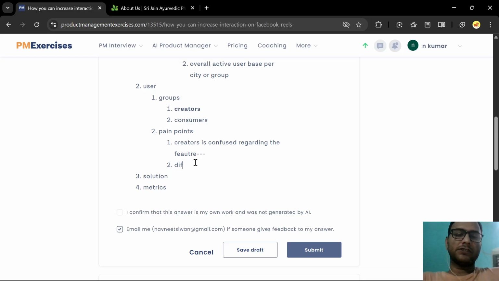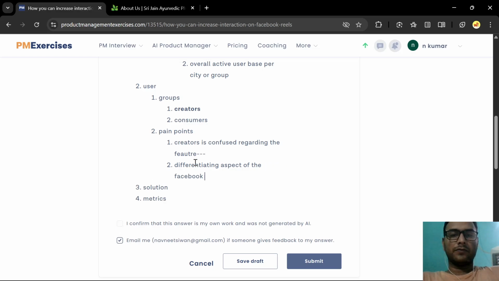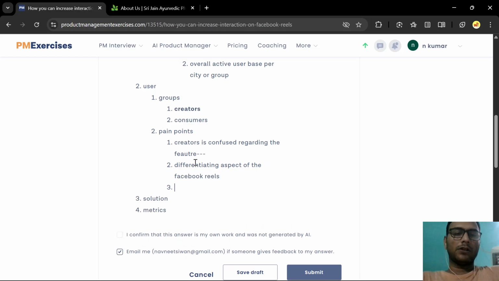What is the differentiating aspect of the Facebook reel? And the third part would be the category of creators we are targeting or thinking about, and the nature of reels itself.